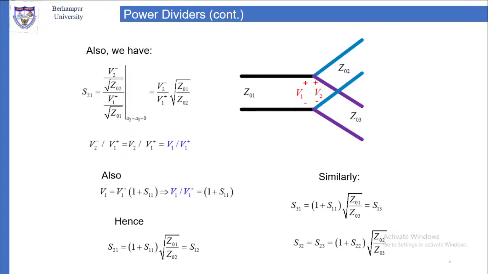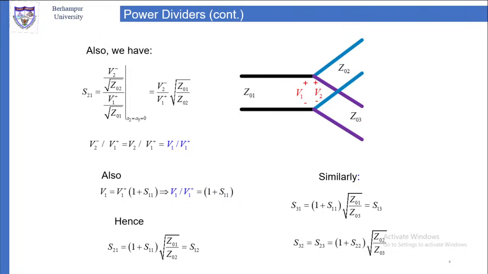Now, when S11 is equal to 0, V1 is equal to V1 plus. That we know. When S11 is equal to 0 means when there is matching at the port 1. If port 1 is matched, S11 will be 0, then V1 will be V1 plus. There will be no reflection. So V1 minus will be 0, so V1 will be V1 plus.